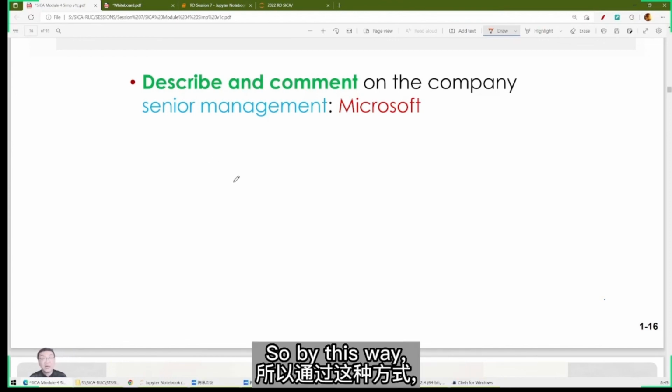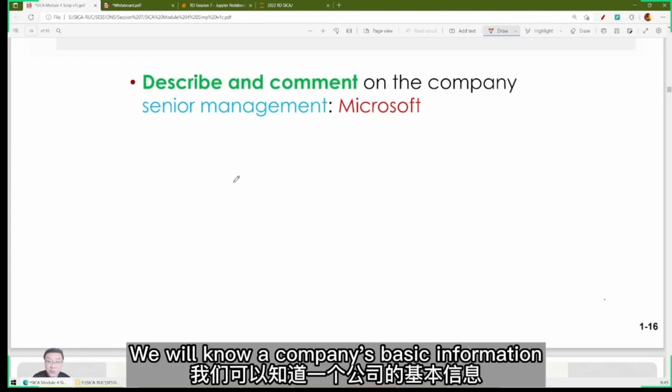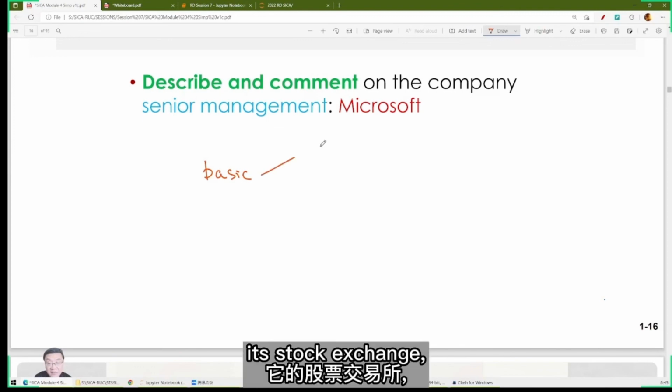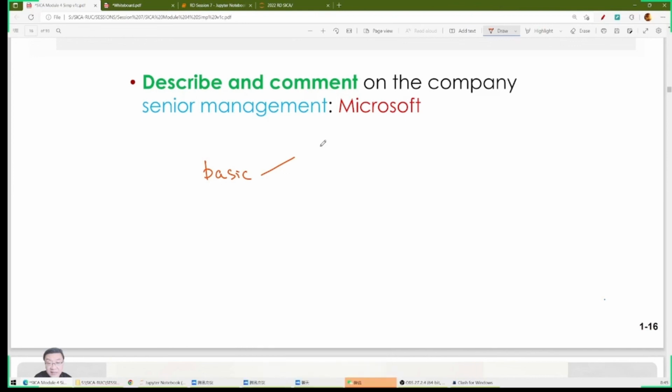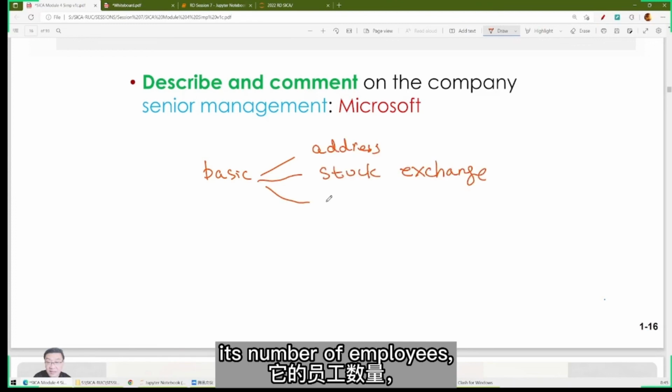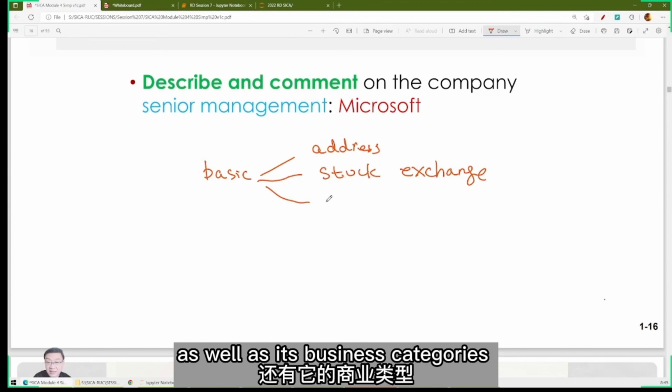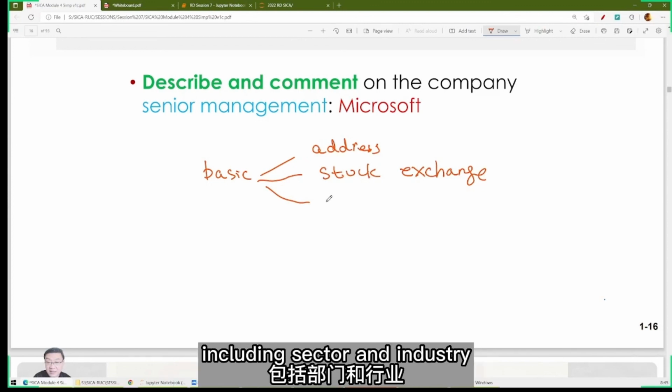So by this way, what can we know? We will know a company's basic information, like its address, its stock exchange, its number of employees, as well as its business categories, including sector and industry.